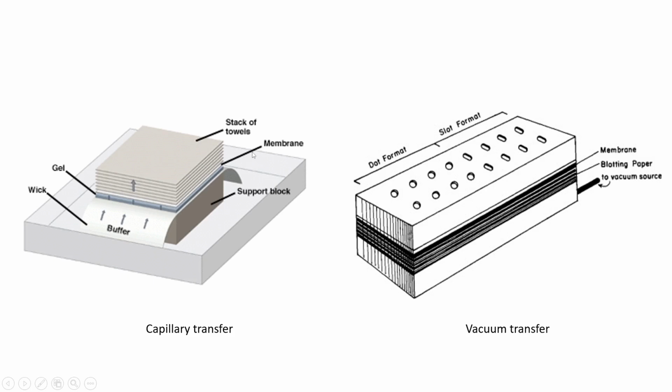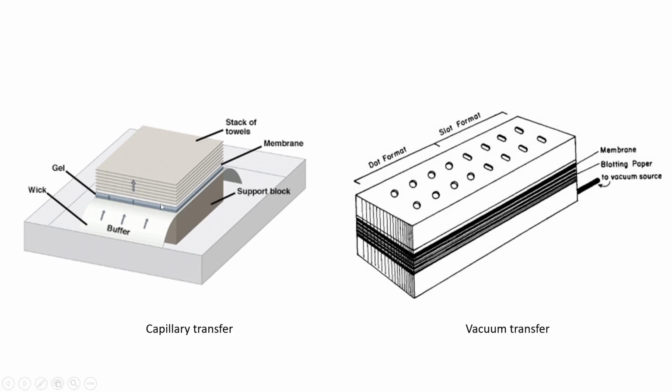Then over that gel we'll keep the nitrocellulose membrane, and we'll stack it with a bunch of paper towels or filter papers. So what will happen, this buffer will rise through this filter paper that is acting as a wick. Buffer will rise through this filter paper and reach the gel. The DNA bands will get dissolved in the buffer and move up, because the stack of paper towel or filter paper, whatever is there, will also have the capillary action, so they will also pull the buffer up.